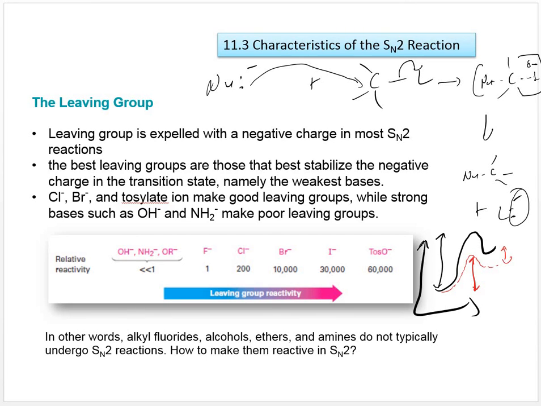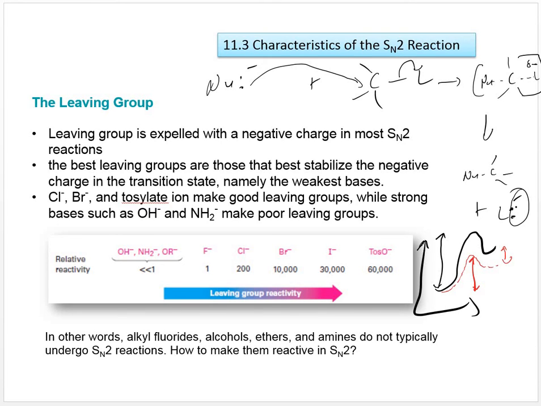During the transition state, the leaving group is leaving with a partial negative charge, but it will be a full negative charge when the reaction finishes. So there is a negative charge around the leaving group, and whoever stabilizes that negative charge will be a good leaving group. So who are good leaving groups then? Generally weak bases.